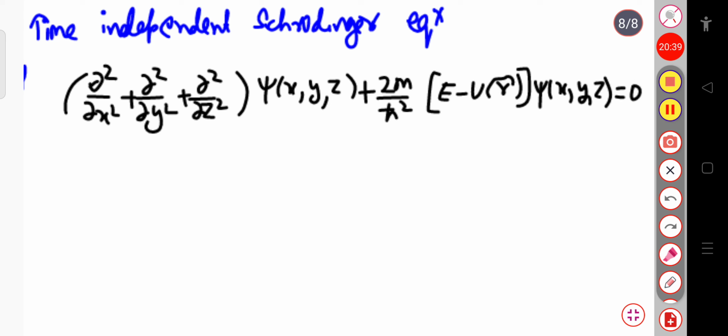This is the time independent Schrodinger equation in 3 dimensions. You cannot see any expression for t.